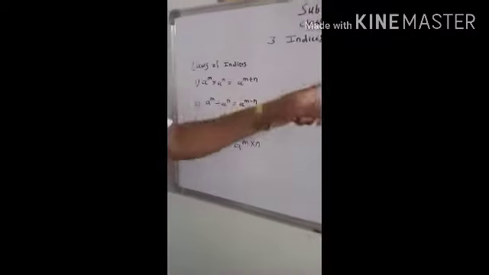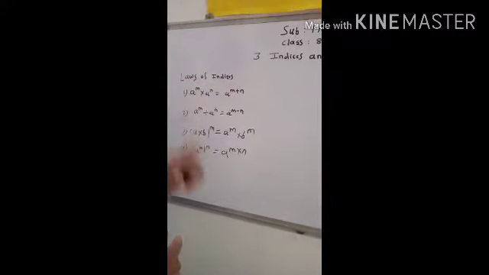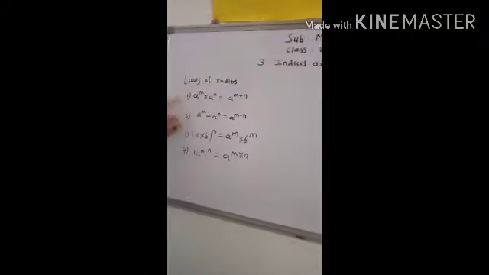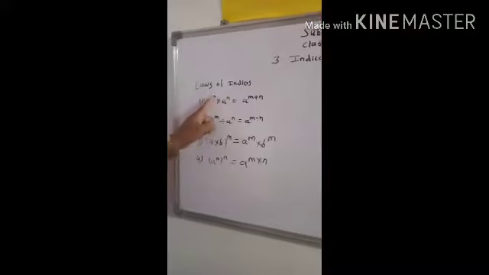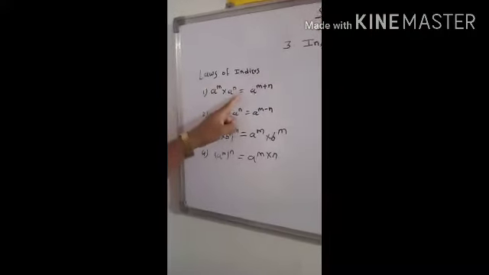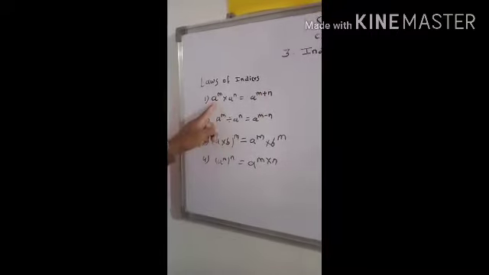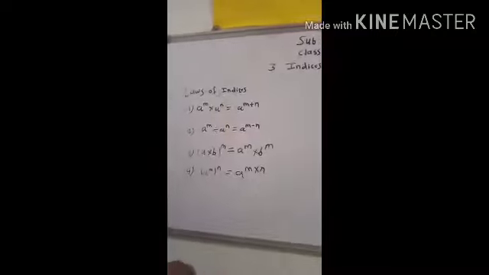Now from this base we have to know the laws of indices. There are 8 laws of indices. We will learn 4 laws of indices today. The first law is a to the power m into a to the power n equal to a to the power m plus n. In this rule, the base is same and the index is different.